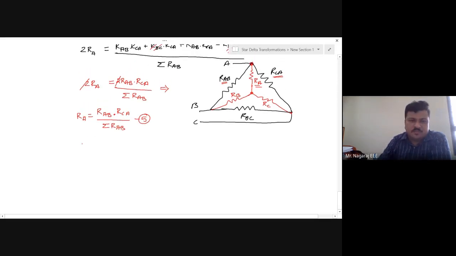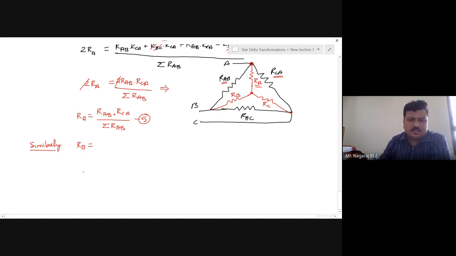Now similarly, if I want to find what RB equals to. Can anybody mention what RB is equals to with this logic? RA is nothing but the product of two resistors connected to terminal A in delta, that is RAB into RCA, divided by the sum of all the delta connected resistors.